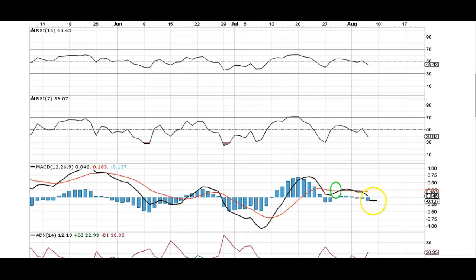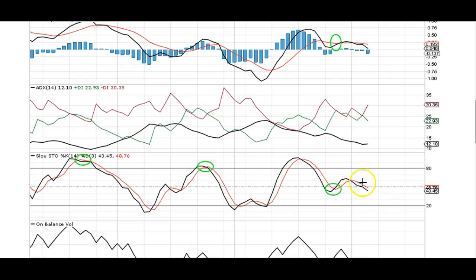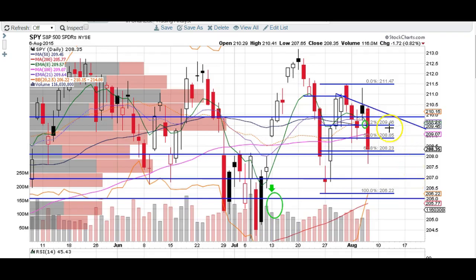It looks to me like it's heading below the 0 line as well. Okay? We've got stochastics, which bear crossed, and it made this higher high right here, and this is a lower high, and we're heading lower. And you can just see the trend. This is a lower high on the chart.